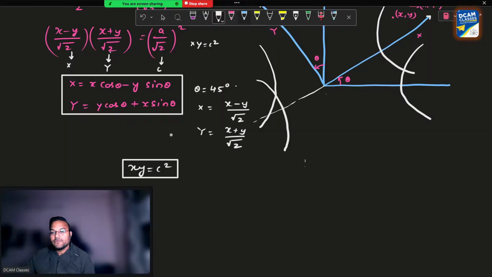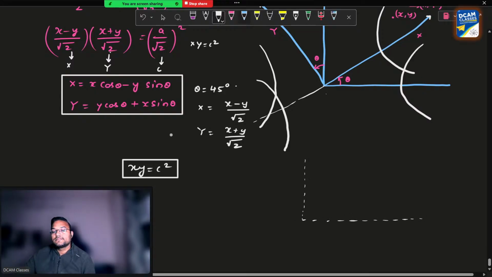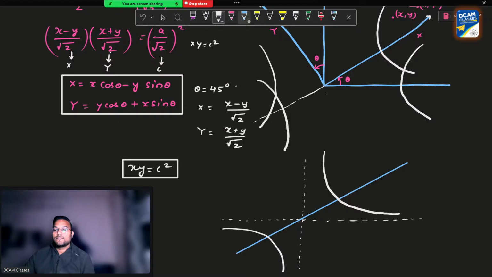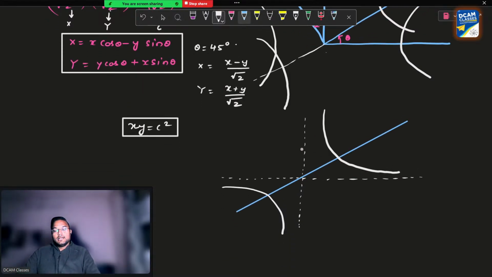So the new axes have become axes which are rotated by 45 degrees. Understood? This is your xy is equal to c square, where c is equal to a by root 2.